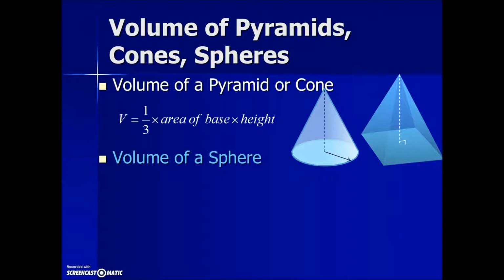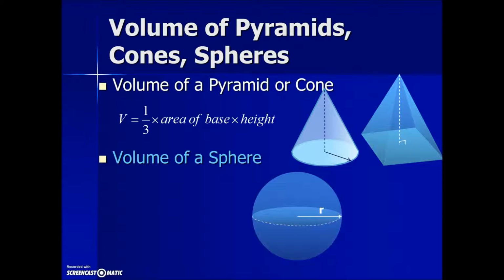To find the volume of a sphere, we have a special formula where we take the fraction 4/3, times pi, and multiply that by the radius, the distance from the center of the sphere to a point on the sphere, cubed. That means that measurement multiplied by itself 3 times.